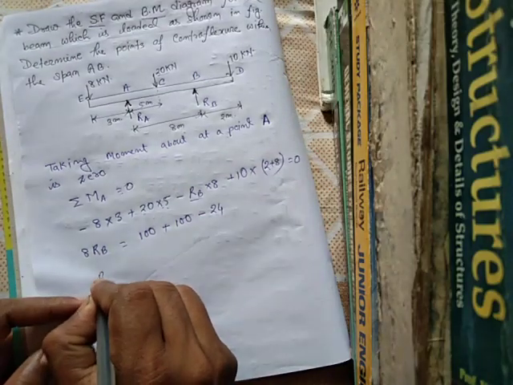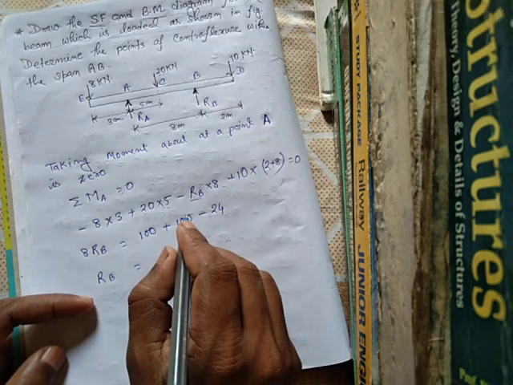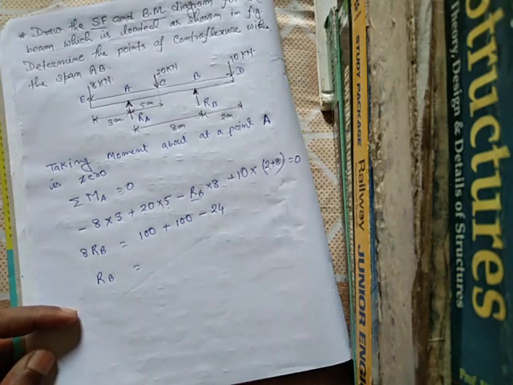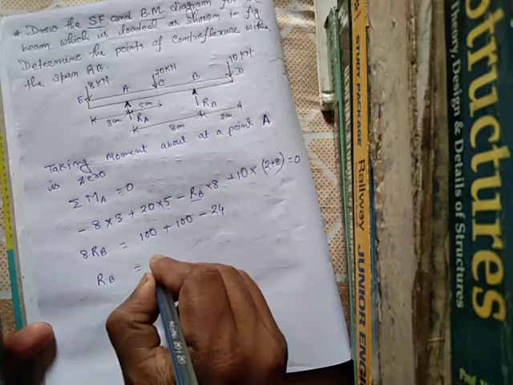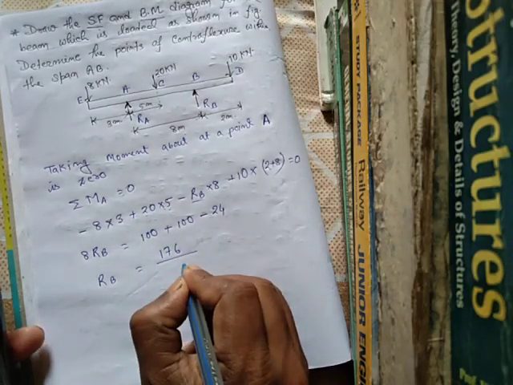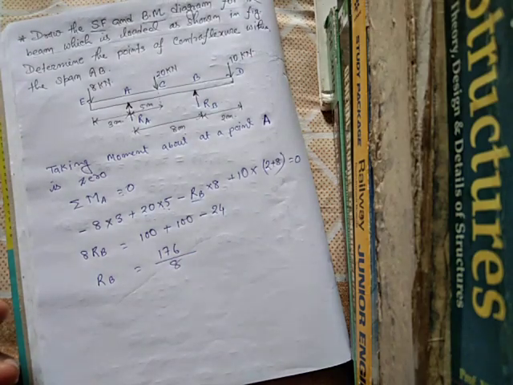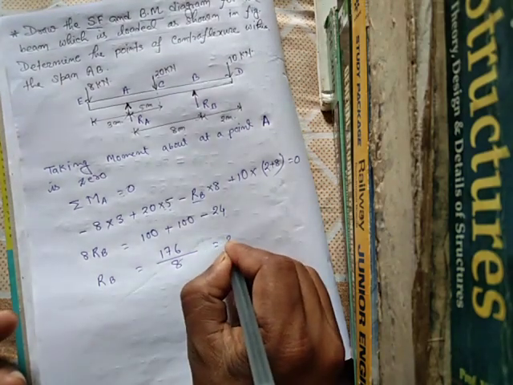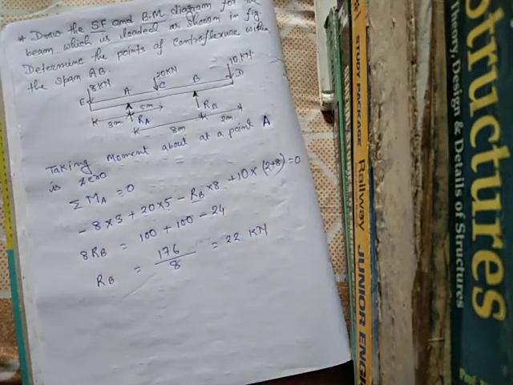So RB equals 200 minus 24, 176, divided by 8, which equals 22 kilonewton.